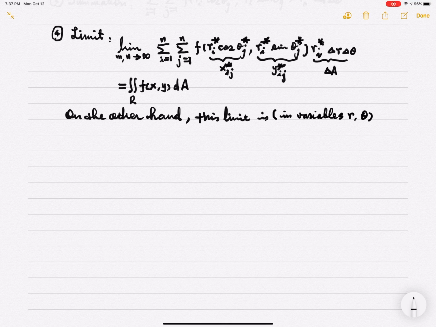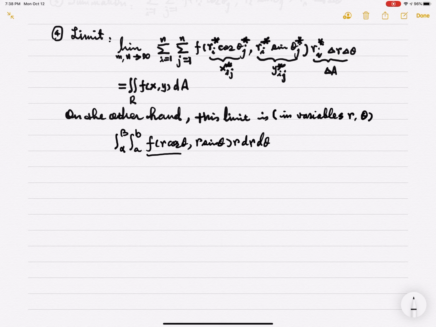That's equal to this: the limit is equal to the integral from alpha to beta, and then from a to b, of f(r cosine theta, r sine theta) r dr d theta.